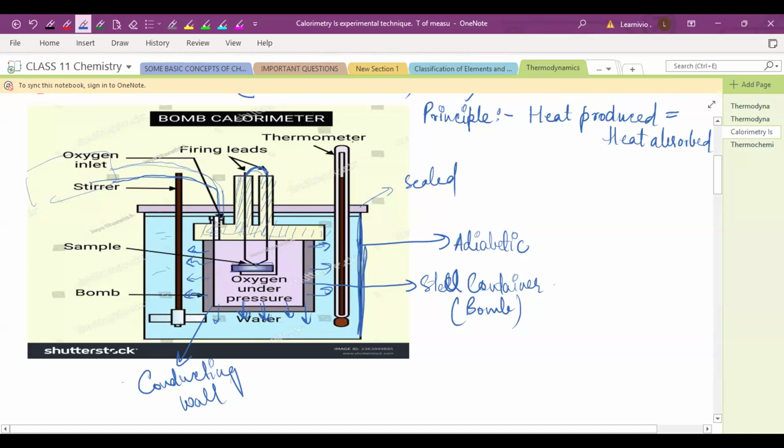And what is the work of this thermometer here? The thermometer here is to monitor the temperature change, to monitor the heat change. So the thermometer is dipped inside the water.